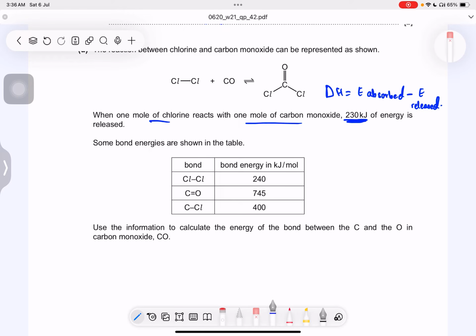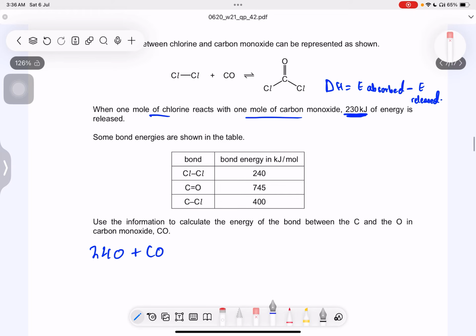Okay, so for the energy absorbed, we have a Cl-Cl bond, so 240, plus we don't have carbon monoxide over here, so we should just write an X, and minus this, so we have a carbon oxygen double bond, 745, plus CCl2, 400s, so 800, and this will be equal to 230.